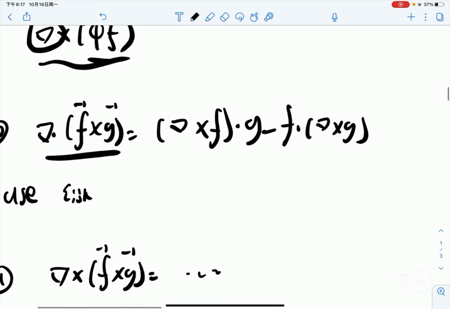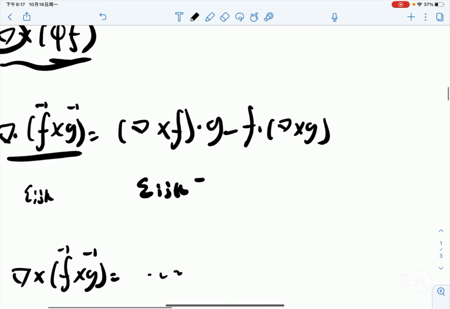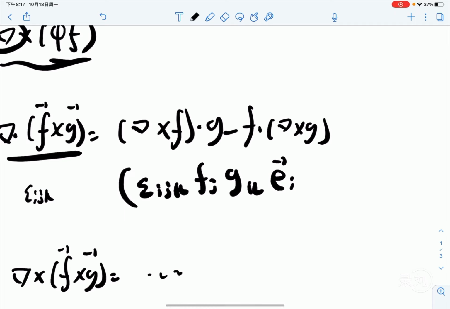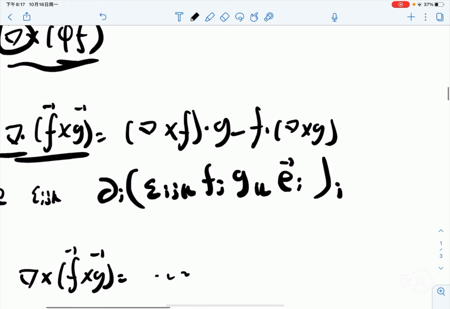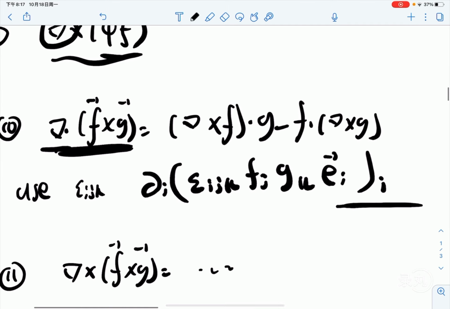So when we take the Kronecker delta, this is going to be epsilon_IJK F_J G_K e_I, and we dot it with the divergence, which basically is just a dot product.